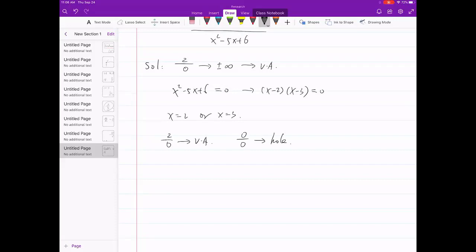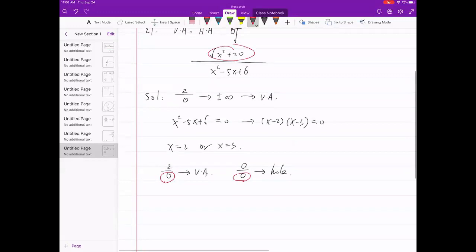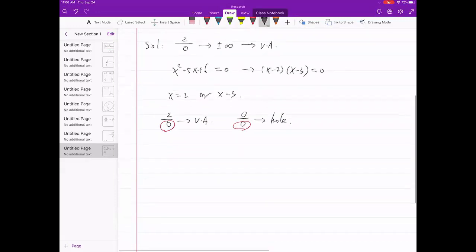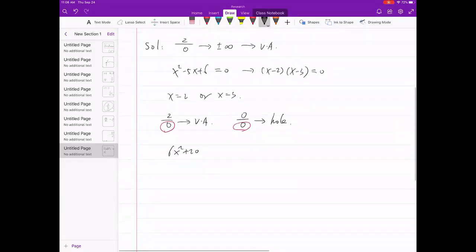Still okay? We just checked the bottom. We still don't know the top yet. So there's one more job: plug this back into the top and make sure you don't have a 0 over 0 case. As long as it's a number over 0, infinity, vertical asymptote. So this one plus 20, that's the top. You plug in 2, you plug in 3, you find it's never 0.